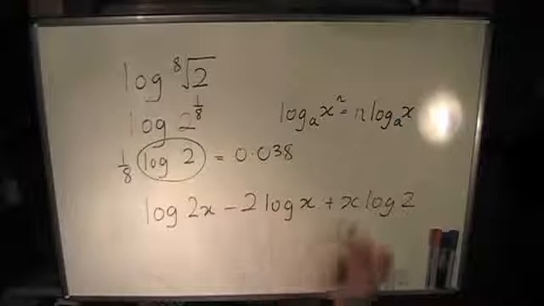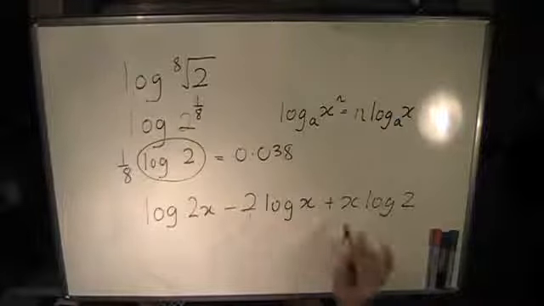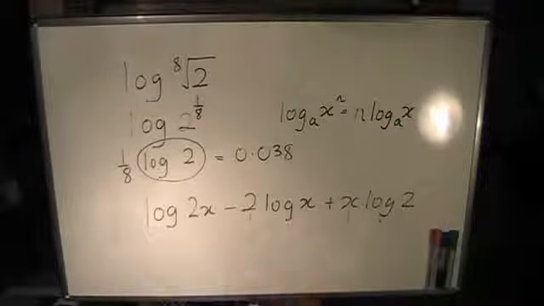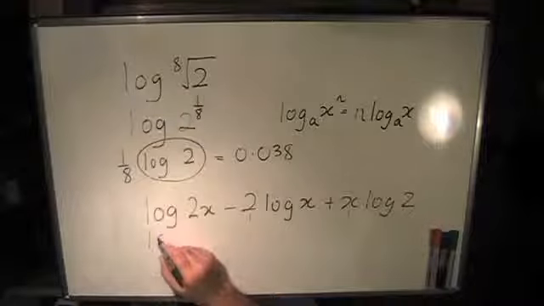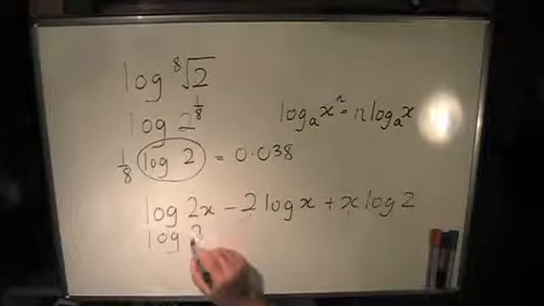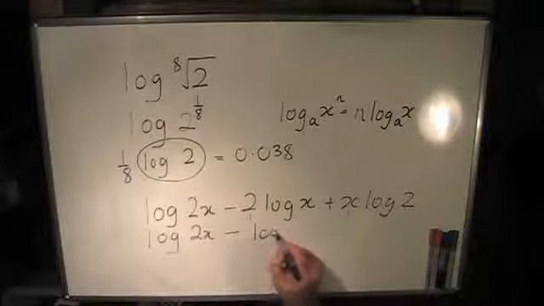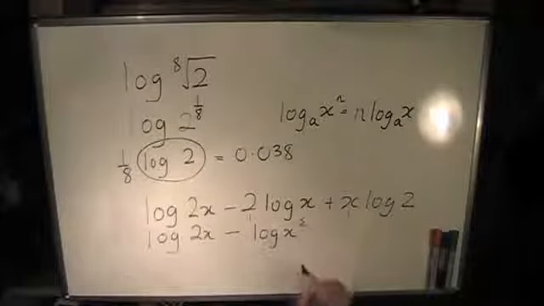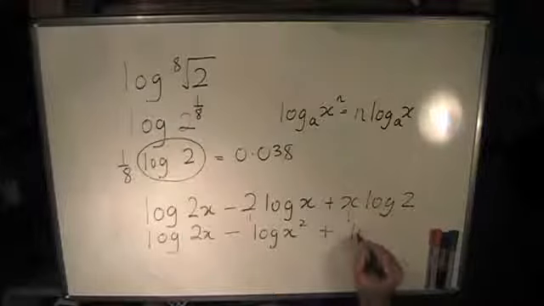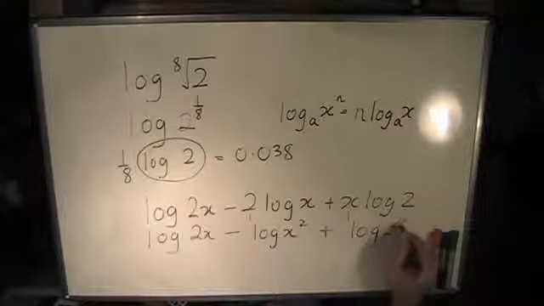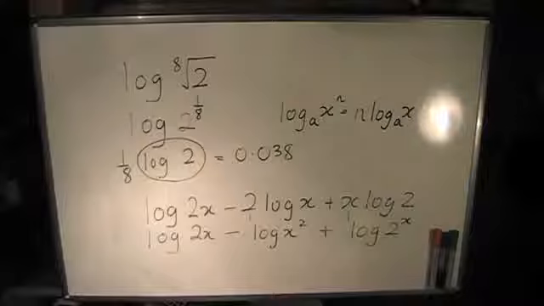You can't really combine them until you get rid of these numbers in front of the log. So from your relationship of now taking the power back up, we now are subtracting 2 logarithms and then adding a logarithm.